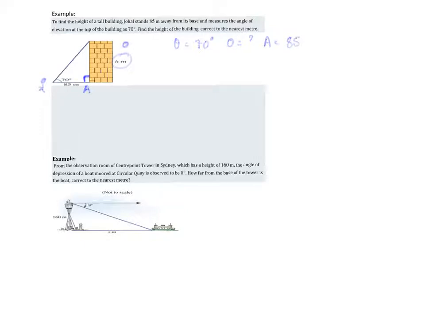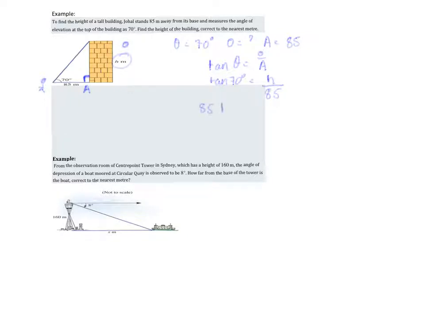What rule are we going to use there to find that opposite side or the height of the building? SOHCAHTOA. I think tan is the best one there. Tan theta equals opposite over adjacent. Tan of 70 degrees is equal to H, if you like, which is the opposite over 85. Now our unknown is up the top, so all we have to do is bring the 85 across and multiply.